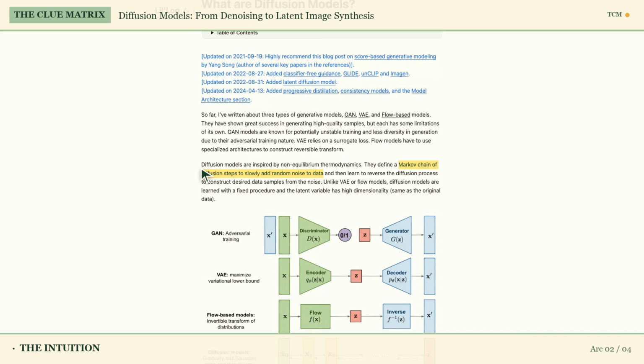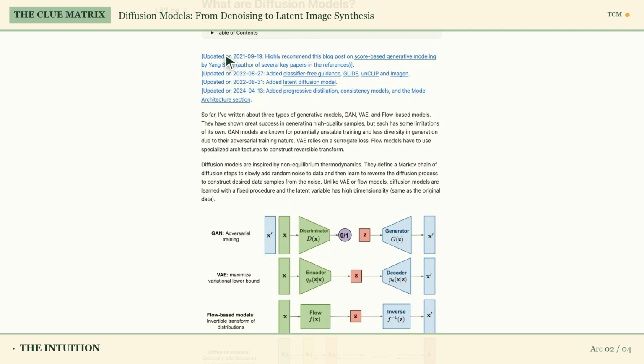Precisely. The forward diffusion process starts with a clean image, x0, and gradually injects Gaussian noise over many steps, t. Specifically, at each step t, we get xt equals the square root of 1 minus beta t times xt minus 1 plus the square root of beta t times epsilon, where epsilon is noise sampled from a standard Gaussian.